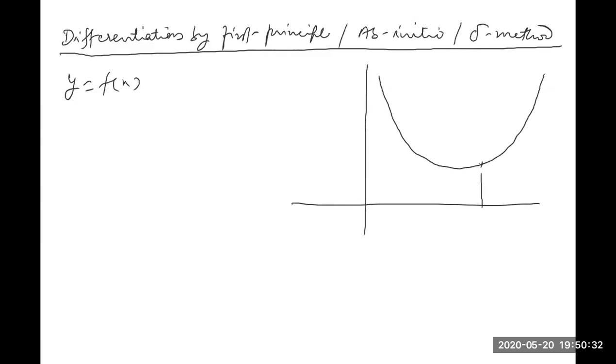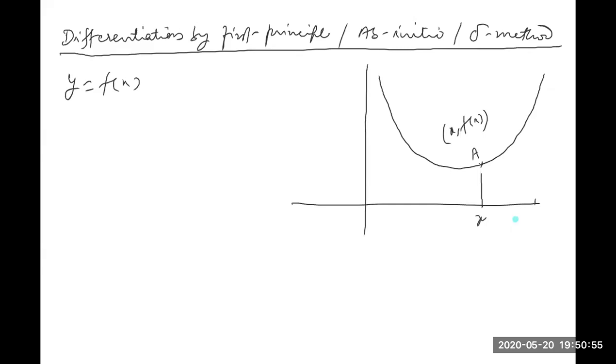This is x. So this point A is (x, f(x)), because y = f(x). Now I'm moving along the x-axis by a small distance delta x. You can say h also, no problem.